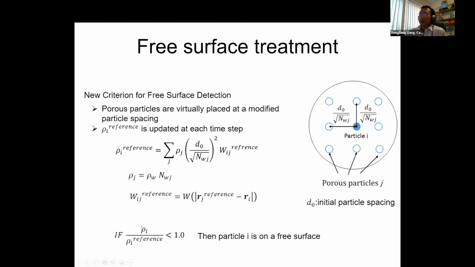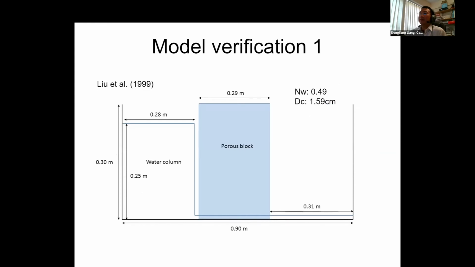And then when the ratio of the water particle density inside the porous medium over the reference density is less than the threshold value, then the particle in the porous medium is regarded as the water surface particle.